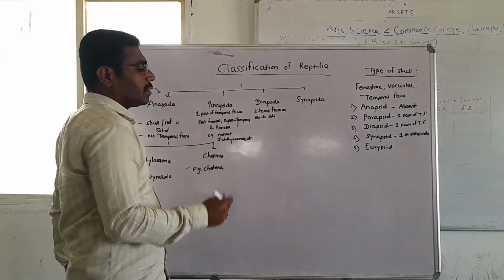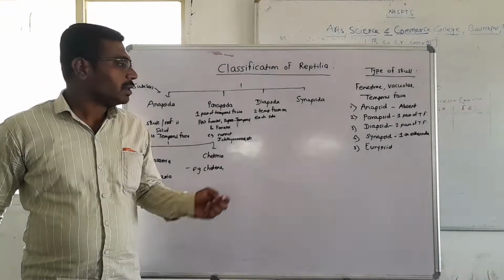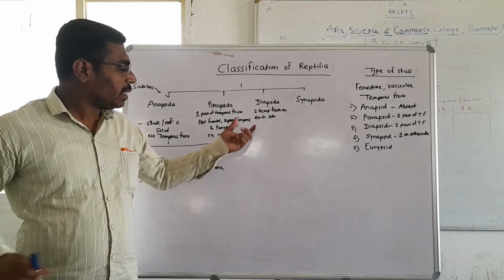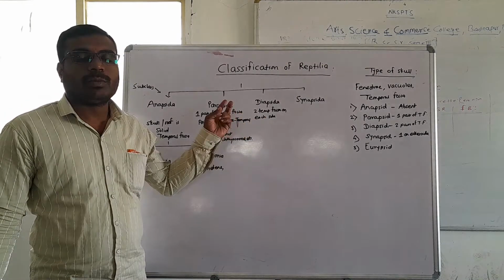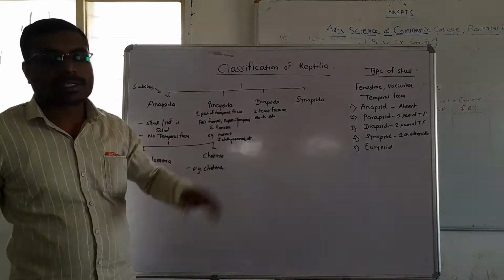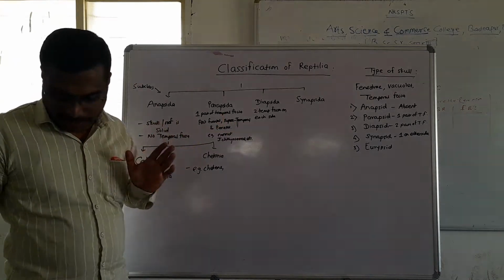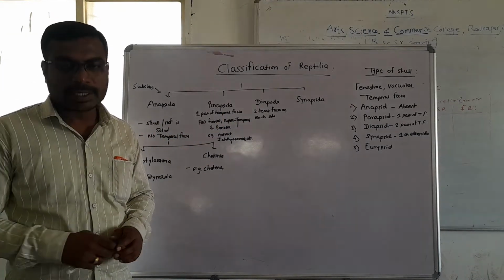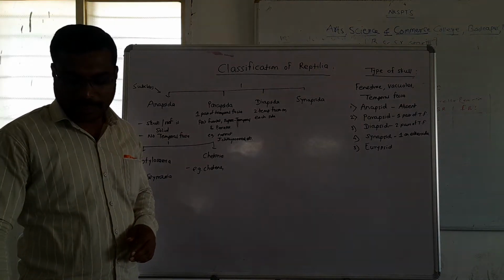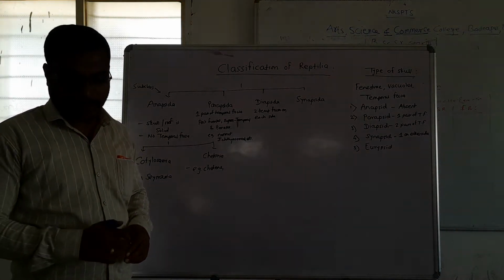It means on one side, infra and outer temporal fossa, both fossa are present on either side. Two pairs are present. Now these are the post-orbital and squamosal between the temporal vacuities.